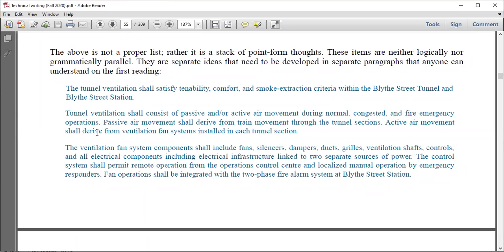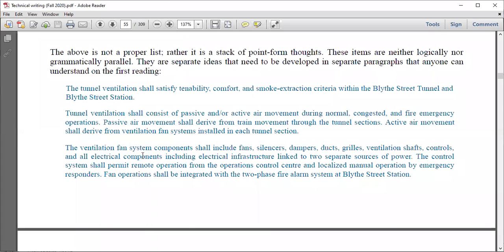They have been linked in a way that they sound logical now, right? Earlier, when they were put in list form, which was actually not a list but a sort of brainstorming, we couldn't figure out any logical relationship between them, right, or among them.